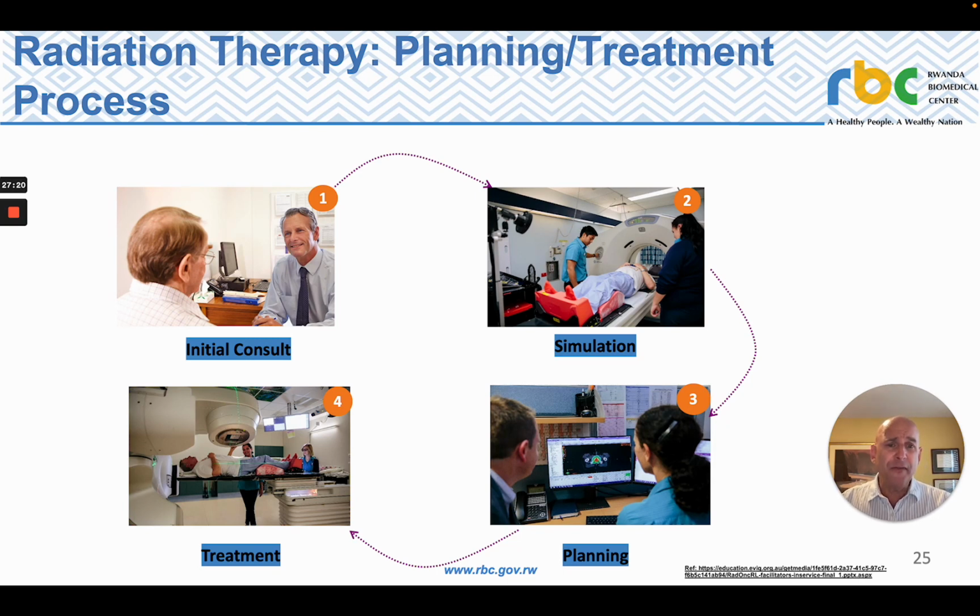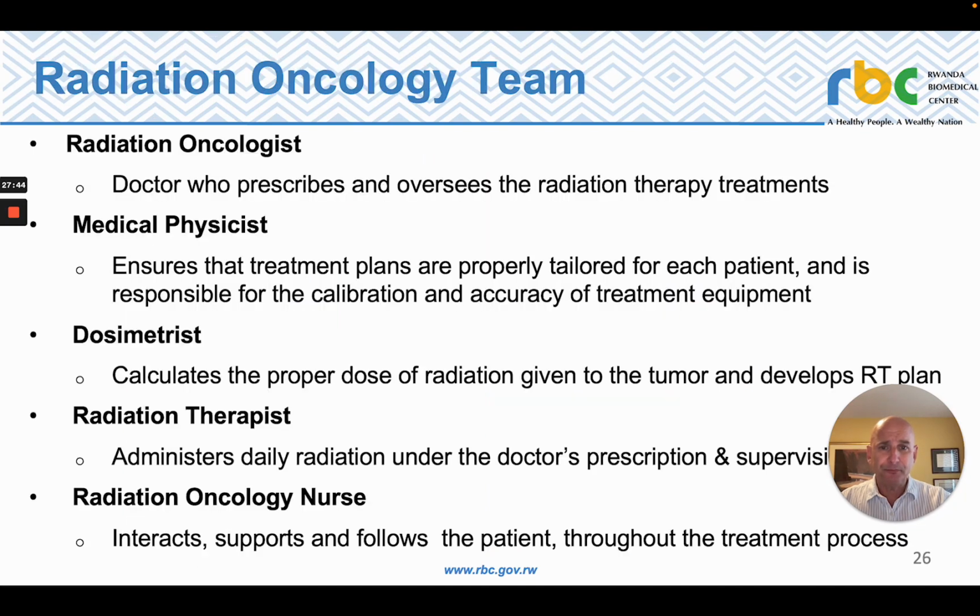After that, all of that information is brought to the physics team, and they do all the planning in conjunction with the radiation oncologist. And then once all of that information has been thought about and a treatment plan has been constructed, the patient is actually treated with the plan that's been developed.